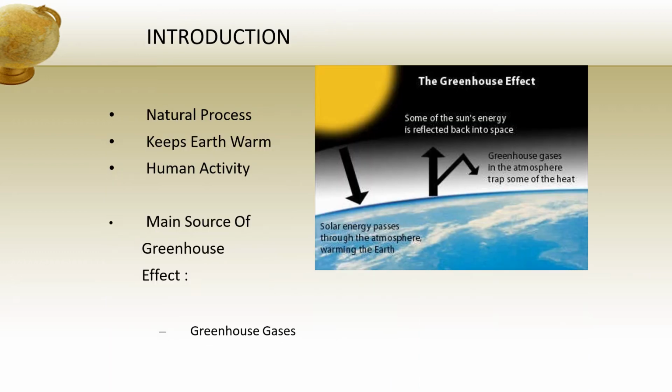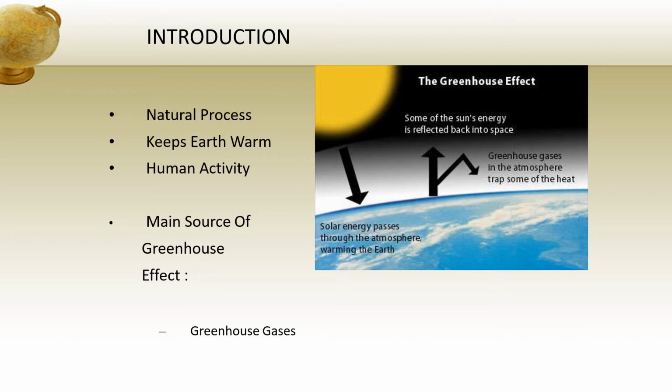So global warming is a natural process and it keeps the earth warm, but it is generally due to human activity, and the main source of the greenhouse effect is the greenhouse gases. I repeat, the main source of the greenhouse effect is the greenhouse gases.